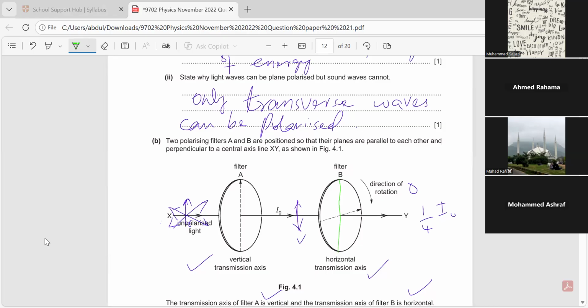Let's suppose this is rotated this way, and now the new position of the filter B is this. Before it was here. Originally it was here. Now the new position is here. So the angle which we have calculated, this one is the theta.